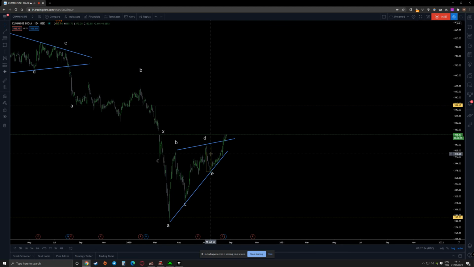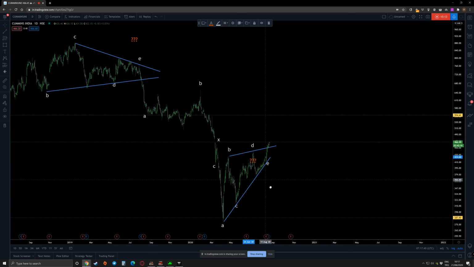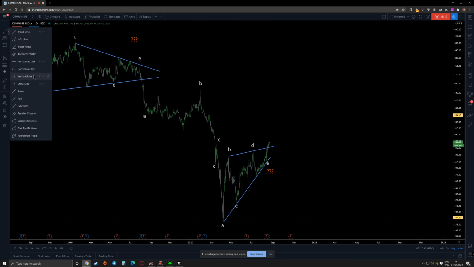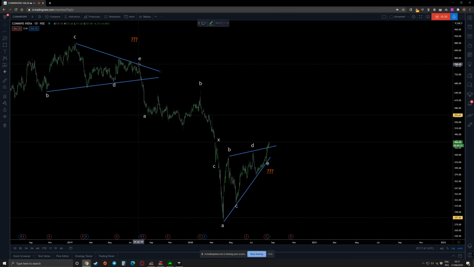Now, you can make an argument and say, okay, this is not the E wave, but this is the E wave. Now, if that is the case, then it works. But you cannot put the E wave here. Now, if this is the E wave, it means that something actually ended here too. This degree we don't know. And the next thing you should do is take your horizontal ray here, take your other horizontal ray here, not the bottom, because this is the place where this wave ends.